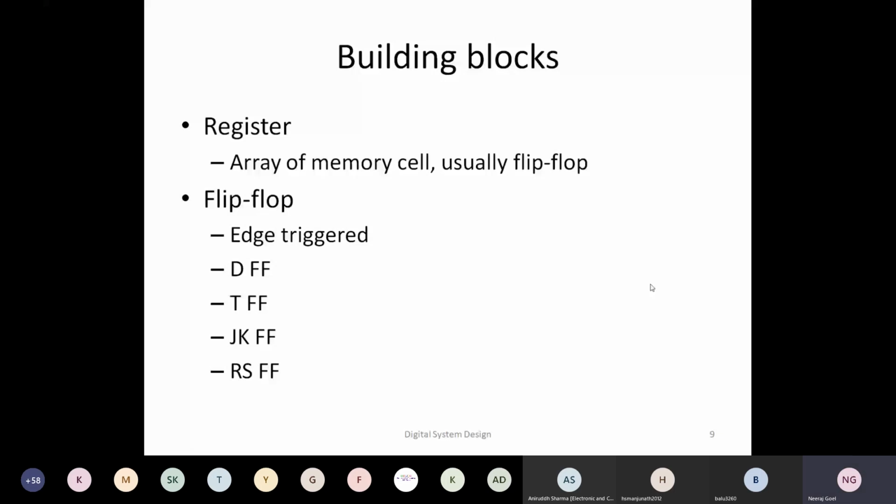Because we want to be synchronous. That was the first requirement, an agreed upon thing, that we have to change whenever the clock is changing. And when will the clock change? Whenever it is changing from 0 to 1, or whenever it is changing from 1 to 0. That particular time instance, whenever the clock is changing from 1 to 0, is certainly definitive.